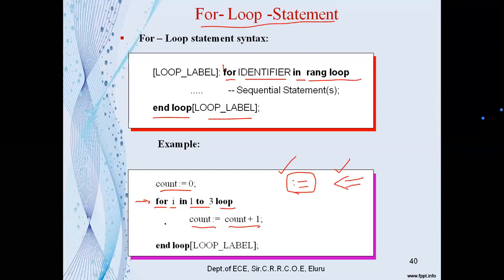So this loop will be repeated three times, for i equal to 1, 2, 3, and this statement is executed each time. After the iteration process, the value of count is 3. End loop. This is a simple for loop statement.